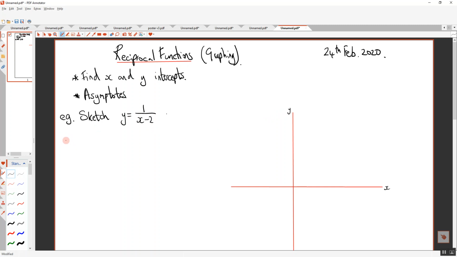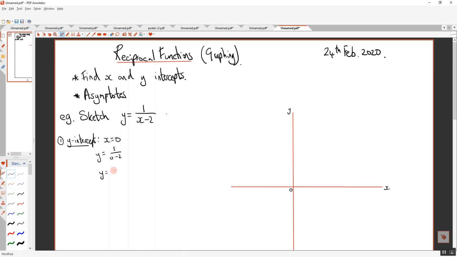Right, so let's do the y-intercept first. How do we work out the y-intercept? Yeah, the y-intercept occurs when x is equal to 0. So when x is equal to 0, what's y equal to?